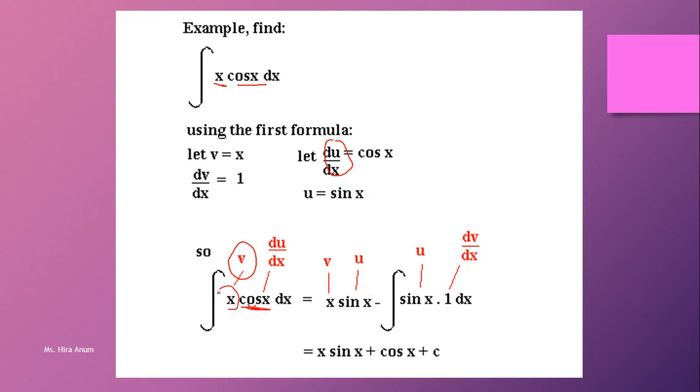First as it is, the second's integration, integration of cos is sine, and minus integral of the first's derivative, which is equal to 1, and the second's integration, which is equal to sine x. Then multiply both functions, sine x dot 1 is equal to sine x, then taking integration, which is equal to minus cos x plus c.